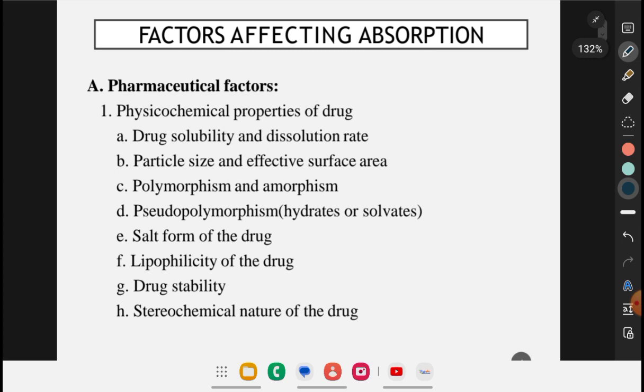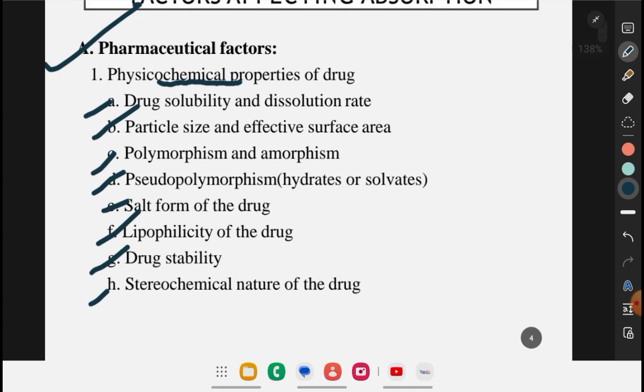Then coming to the factors affecting absorption. First are the pharmaceutical factors. In that we will discuss physicochemical properties, drug solubility, particle size, polymorphism, pseudopolymorphism, salt form of the drug, lipophilicity of the drug, drug stability, and stereochemical nature of the drug.